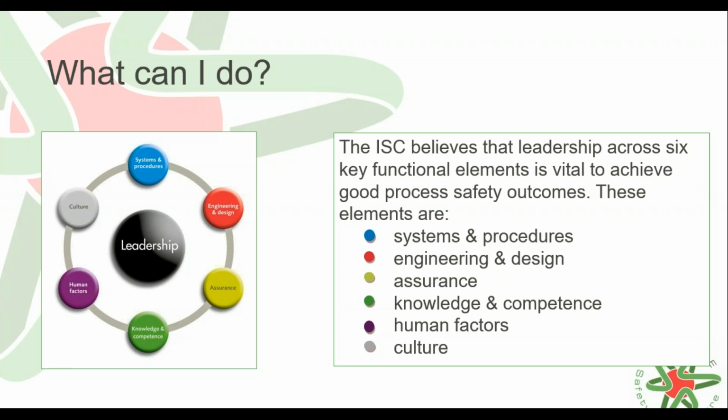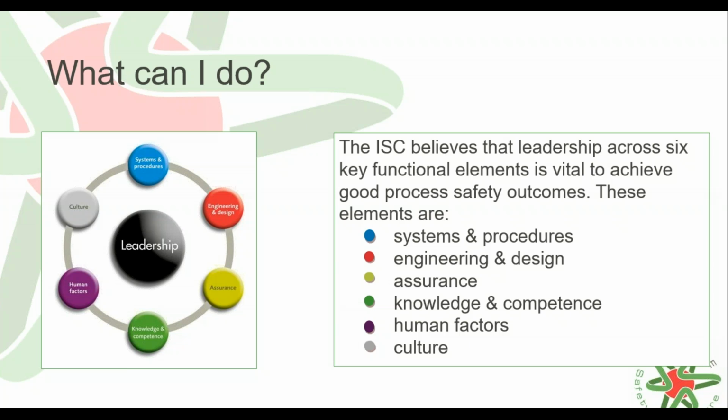Because at the IChemE Safety Centre, we believe that leadership across these 6 key functional elements is vital to achieve good process safety outcomes. So, as you can see here, there are colored dots associated with each element. In the PDF document of the safety law, in the What Can I Do section, those elements are linked to the recommendations, to the tips.